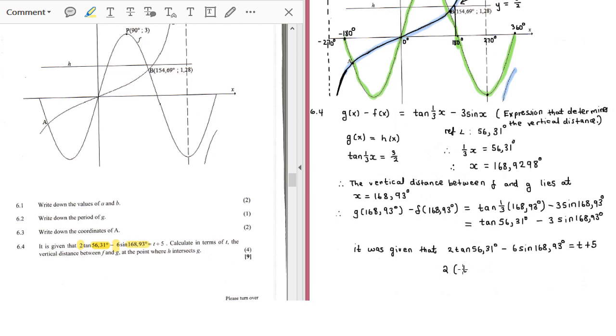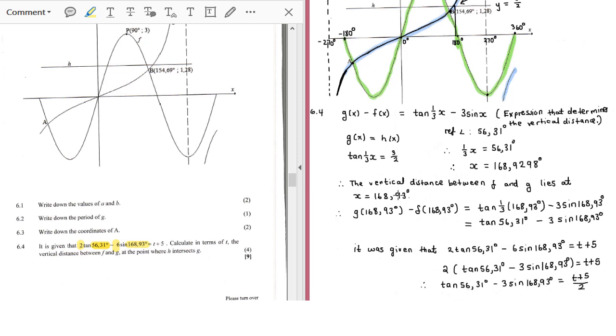If we take out that common factor of 2, we have the tan of 56.31 degrees minus 3 sine of 168.93 degrees, and that must equal t plus 5 divided by 2.